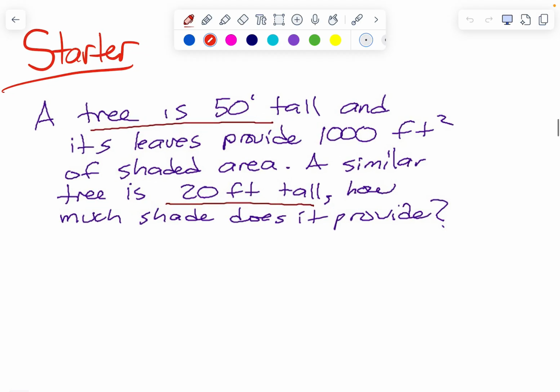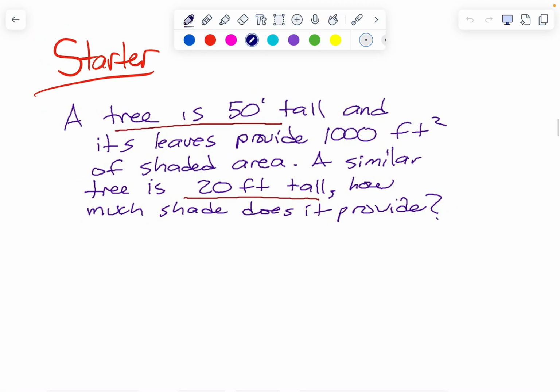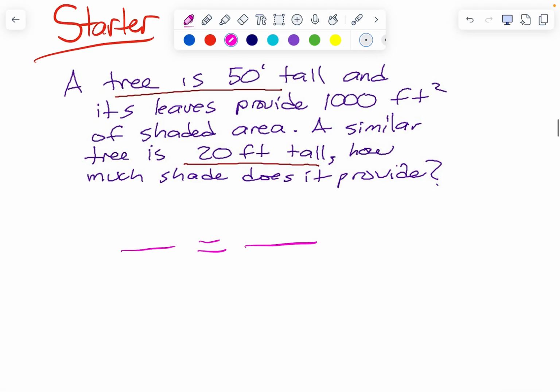So what's a good starting proportion that will obviously have to be modified? Where should we start with that? Proportion, remember, is two ratios that equal each other. How would you start? 50 over 20. Okay, so she said 50 over 20. And of course that is big to small. Is there any issue with small to big, big to small?